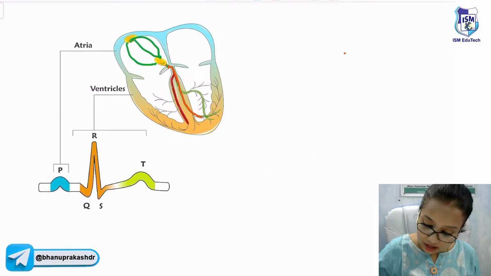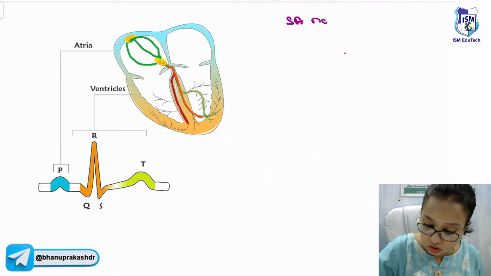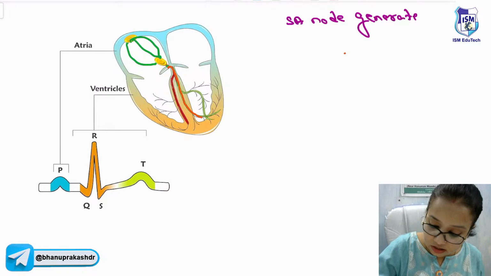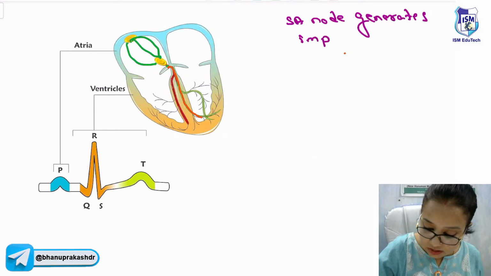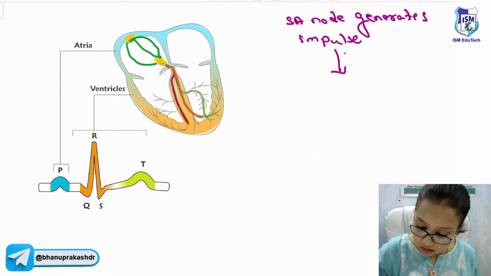If we write the whole process as a flowchart, it is like this: the SA node generates the impulse. That impulse goes to the AV node.